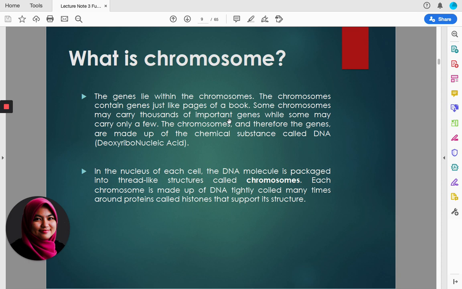The chromosome and therefore the genes themselves are made up of the chemical substance that we call DNA. In the nucleus of each cell, the DNA molecule is packaged into thread-like structures that we call chromosomes. Each chromosome is made up of DNA tightly coiled many times around proteins called histones that support its structure.